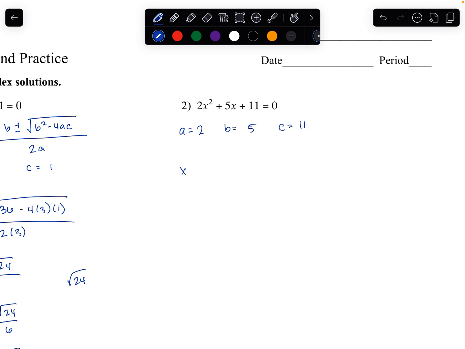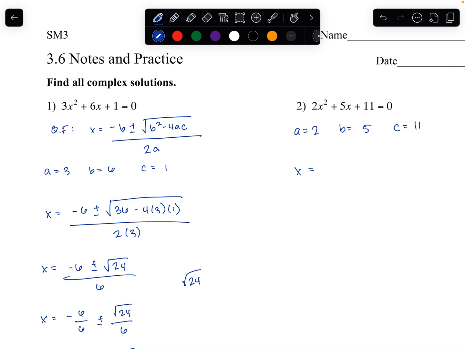So for the quadratic formula, we'll say x is equal to negative 5 plus or minus the square root of 25 minus 4 times a times c, all over 2 times a.